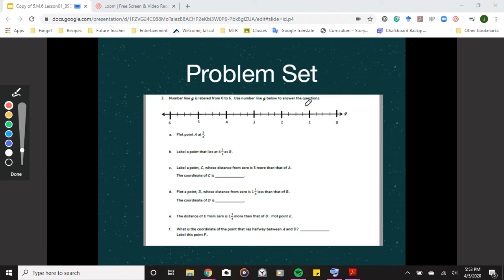Now, you should have A on where 3/4 is. You should have D where 3 1/4 is. Okay, A should be right here, 3/4. And D should be 3 1/4.